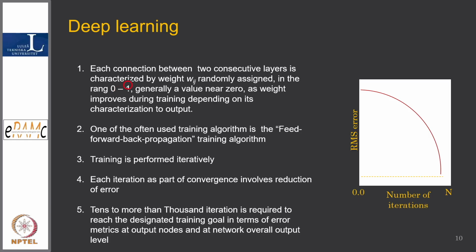And one of the very popular training algorithms is feed forward and back propagation learning, in which the computation starts from left to right, okay, from input node to output node, and then whatever error signals are generated, this is part of the training I am trying to explain.